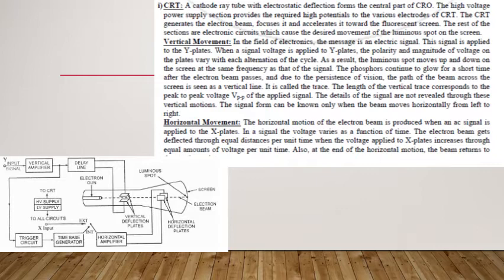The CRT generates the electron beam, focuses it and accelerates it towards the fluorescent screen. So basically the basic thing is you need electrons, and the electrons are generated in this CRT. After generation, the second question is focusing. So it focuses the beam by anode arrangement, and then we have deflection circuits.